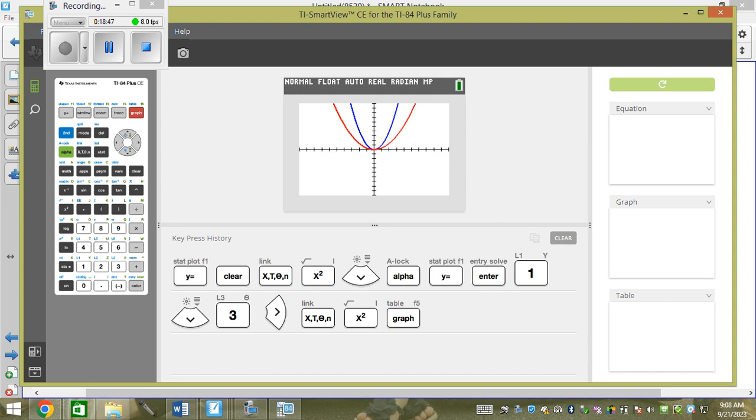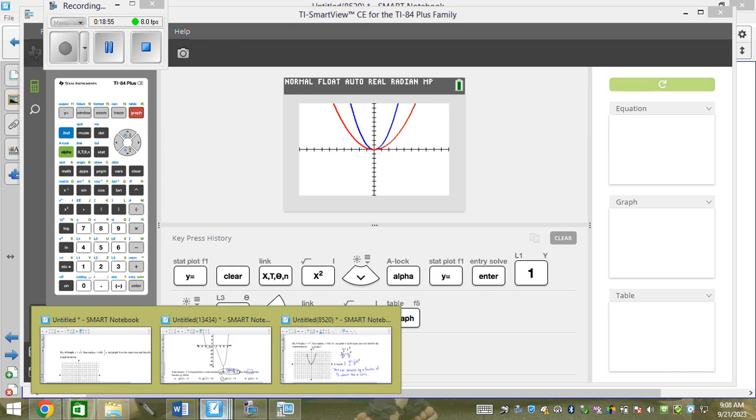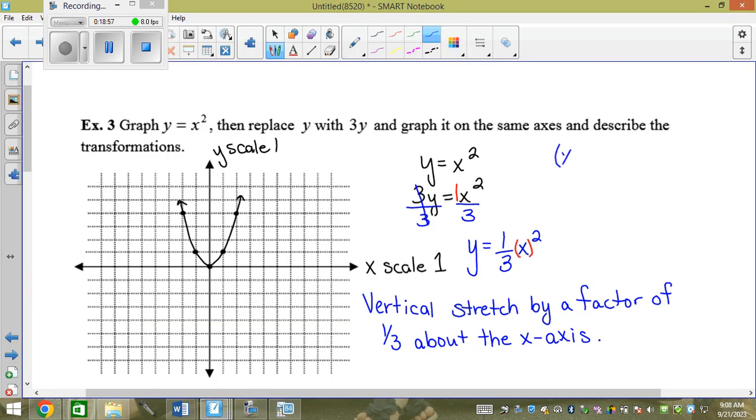My graph got wider. Why is that? What's happening to all my y's? What is my mapping? (x, y) goes to (x, 1/3 y). All of my y's are 1/3 the size. So it's taking all those y's and dropping them down to 1/3 of it. So it actually makes it wider.